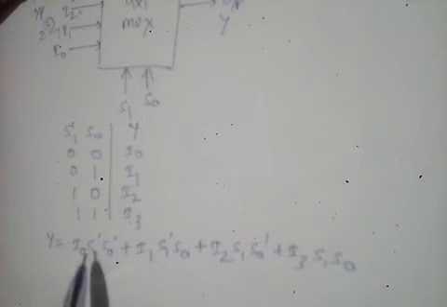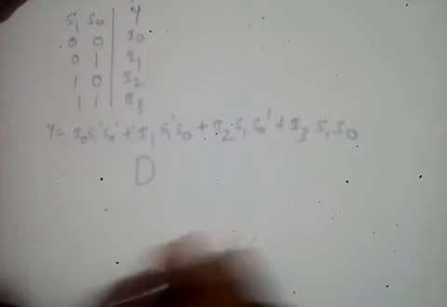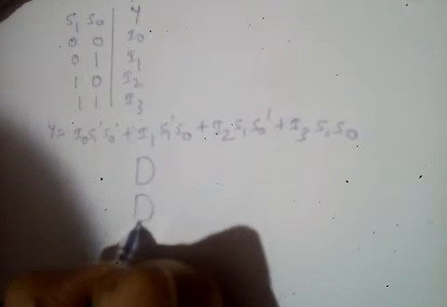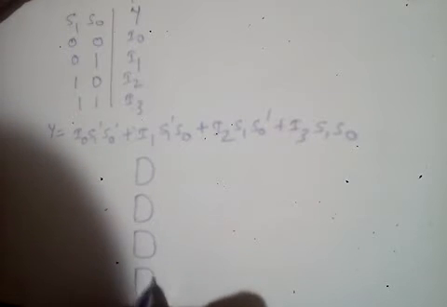Now we see we need 3 OR gates, 2 NOT gates and 4 AND gates. So we will implement 4 by 1 multiplexer using OR gate, AND gate and NOT gate. We need 4 AND gates, 1, 2, 3 and 4.